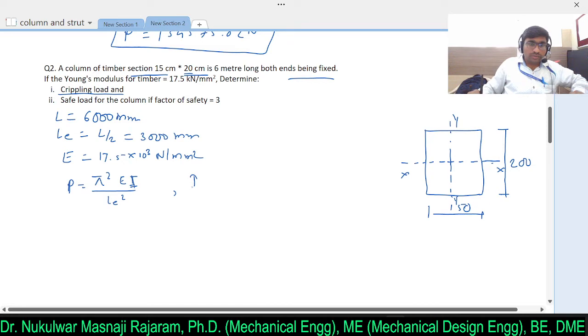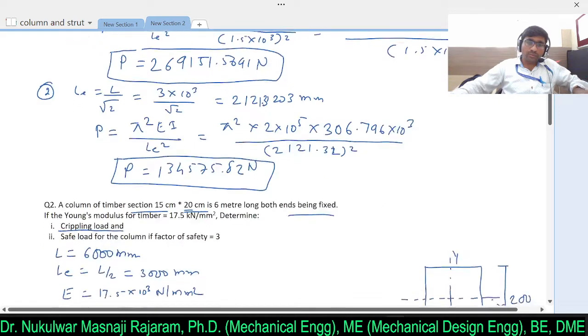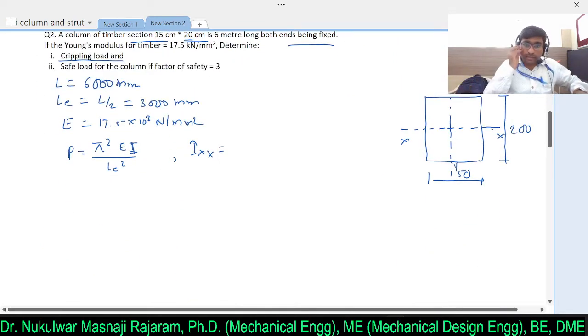Clear? So here I must consider Ixx and Iyy. Now in the previous case, if you observe, it was a circle, so Ixx is equal to Iyy, but here a rectangle is there, so for that purpose I must consider separate Ixx and Iyy. So the formula is BD cube divided by 12. So B is nothing but the parallel side and D is nothing but the perpendicular side. Clear?